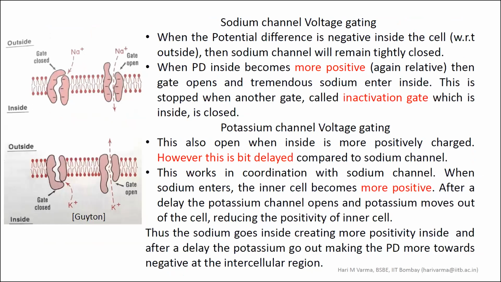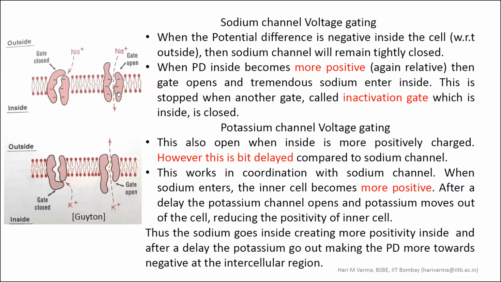Now sodium channel voltage gating, and sodium and potassium voltage gating, is being shown here. You can see that when the potential difference across the cell membrane is very high, the sodium channel will open. The activation gate of the sodium channel will open, and then the sodium can go inside.